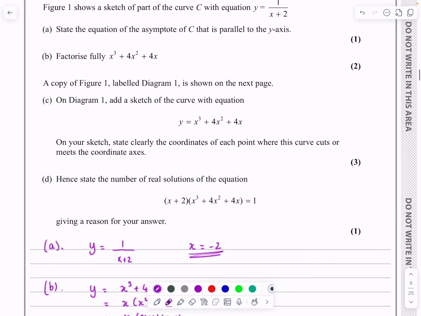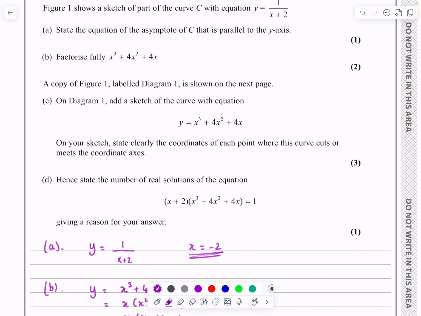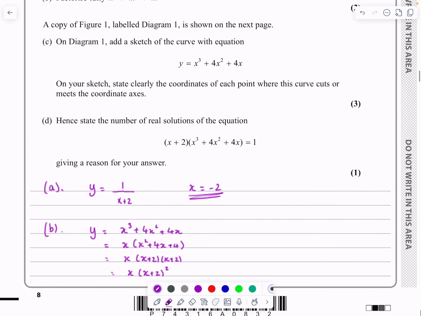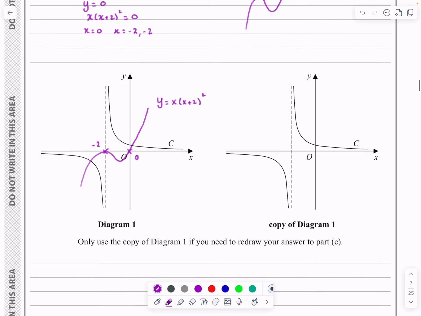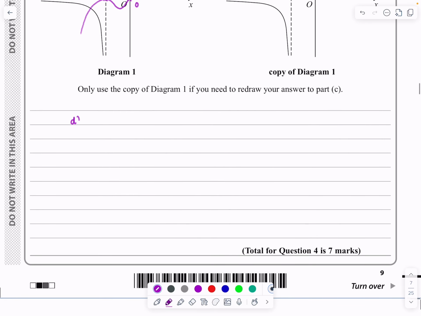And then part D says, once you've got that, state the number of solutions of the equation (x plus 2) multiplied by (x cubed plus 4x squared plus 4x) equals 1. Let's work out how many solutions we've got to that. So if we've got part D, it's very quick, but let's just talk about it.